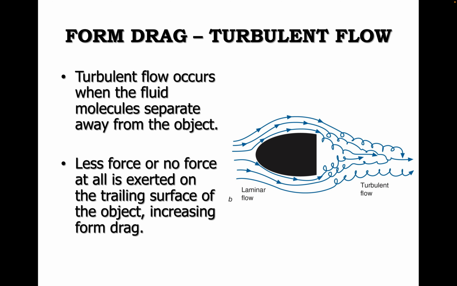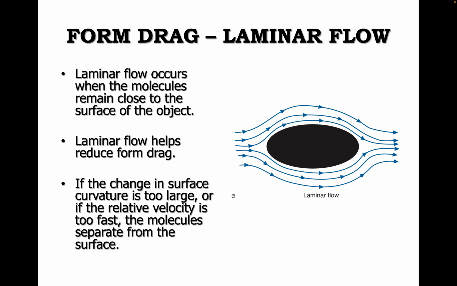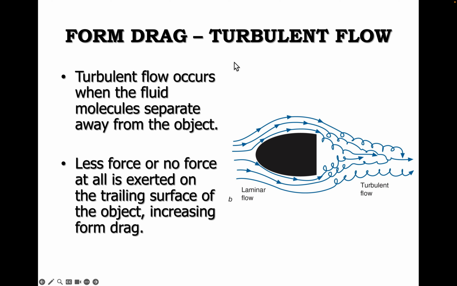So the opposite of laminar flow is going to be turbulent flow. Turbulent flow occurs when the fluid molecules separate away from the object. What you'll notice in this particular object is that it was immediately cut off. So instead of the fluid molecules flowing nicely around the object, it gets to the part where it's cut off, and these fluid molecules have nothing to flow around.